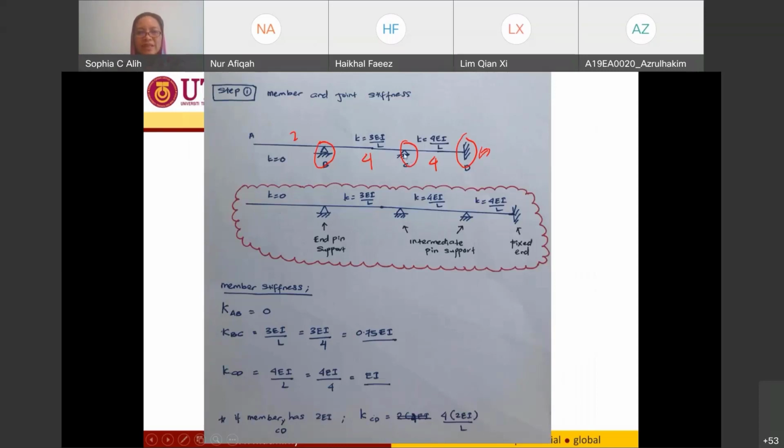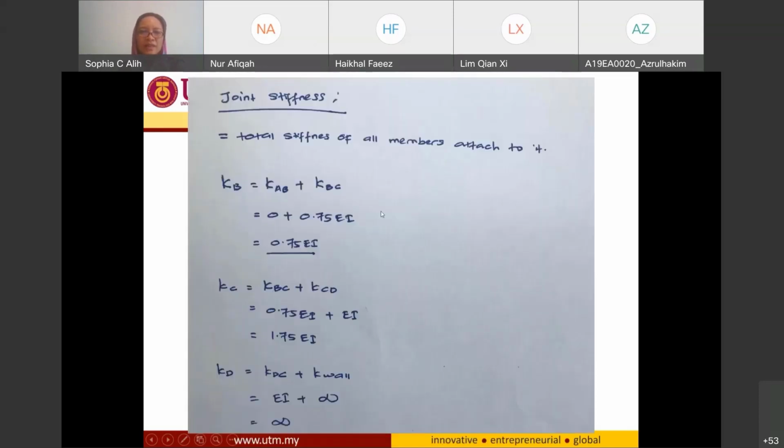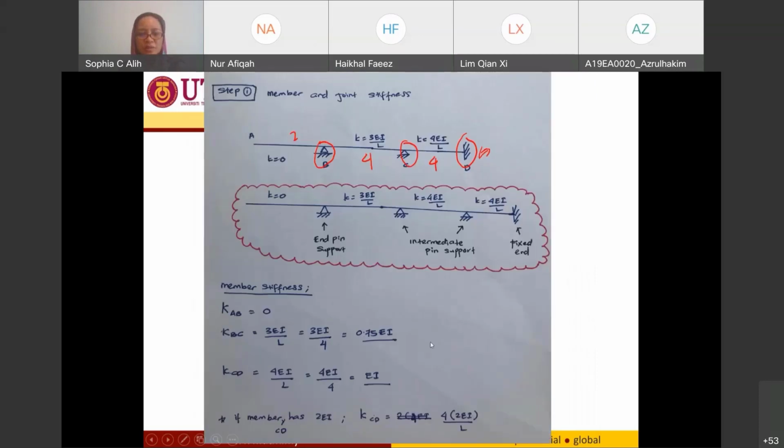For joint C, I have member BC and member CD. And for joint D, I only have one member attached to it, member CD. So now I can easily calculate my joint stiffness. For joint B, KB is the summation of KAB plus KBC. I just use the values that I have already calculated here.